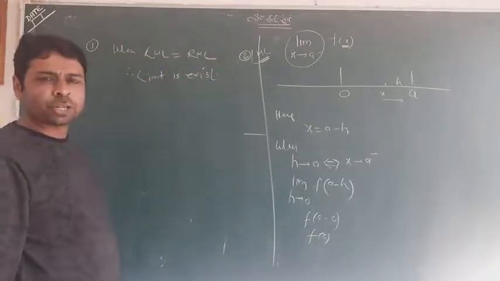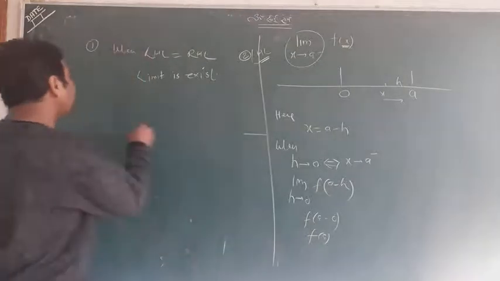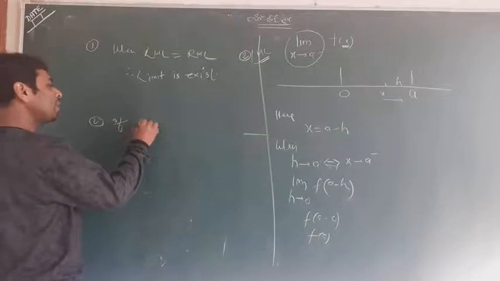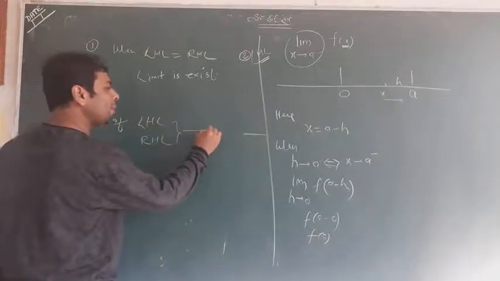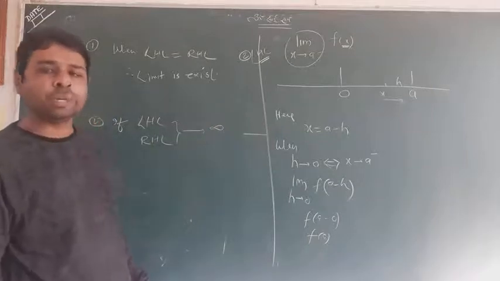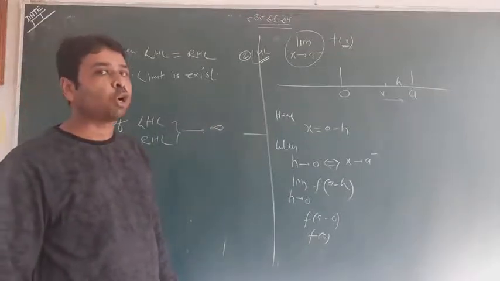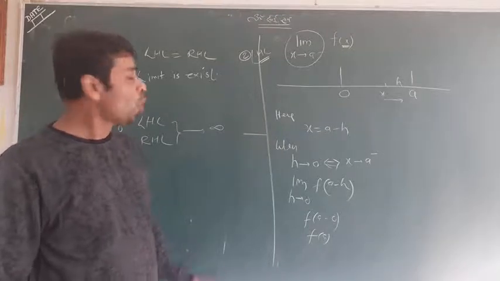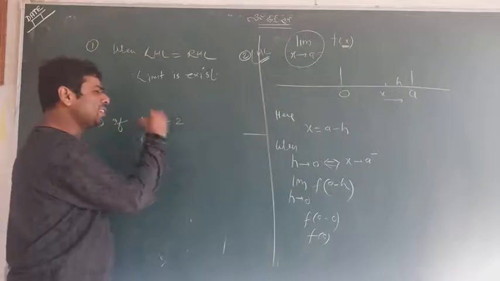Limit exists. And when left hand limit and right hand limit are not equal, or sometimes it happens that right hand limit or left hand limit, anyone, is coming infinite, it means limit does not exist. Or sometimes suppose one answer is coming 2, the other answer is coming 3.